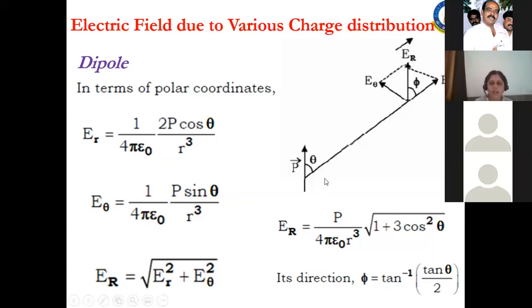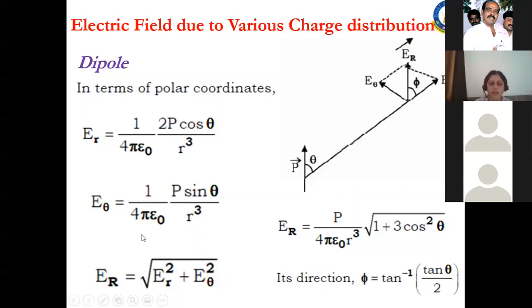Now the resultant of these both: both are vectors, so we have to take the vector addition. So E is equal to root of E_r square plus E_theta square. Like in vector addition, if you take A, B, C, three vectors, if A is the resultant of B and C, then A square is equal to B square plus C square, so A is equal to root of B square plus C square.